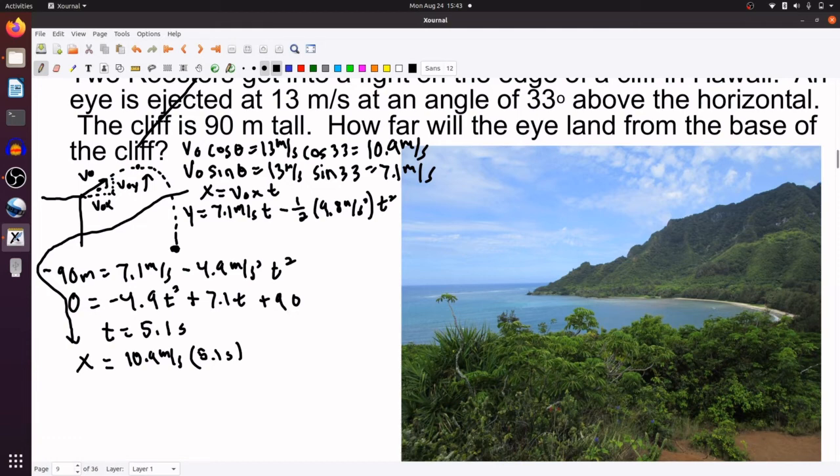And then I'm just going to multiply that by 10.9. It's a bad 5.1. Sorry about that. I'm getting 55.6, we'll call it. Pretty far, actually. So it's going to travel 55.6 meters horizontally.